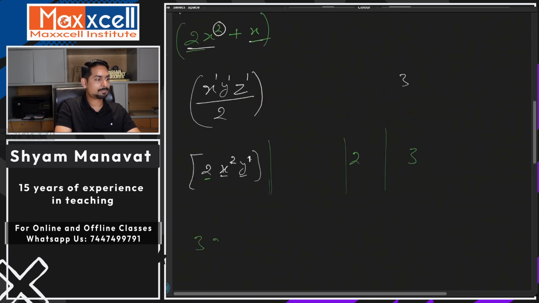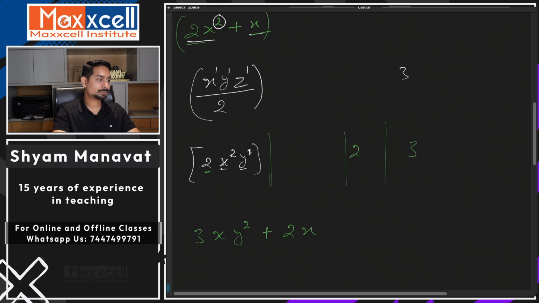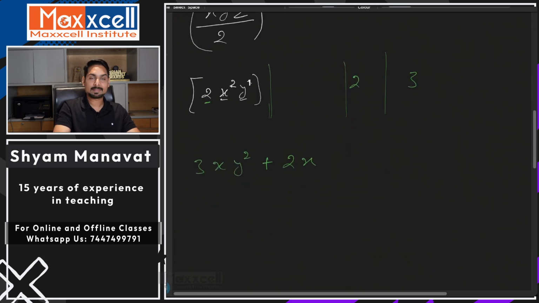Say 3x into y square plus 2x. Now tell me one thing. How many terms do we have in this expression? Yes, we got 2 terms here. Which term has the highest power of any variable or combination of variables? Of course, the first one.